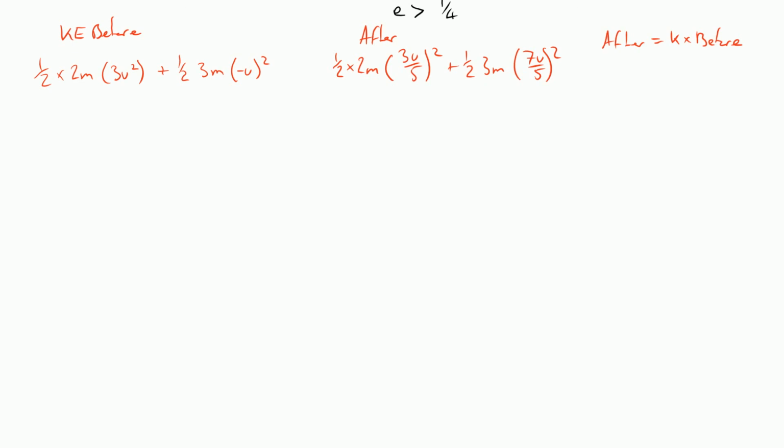What does that give us? Well, some nice cancellation here tells me that 9mu squared plus 3 over 2mu squared is going to be equal to 9 over 25 mu squared plus, what have we got in here, 49 multiplied by 3, over 50. 157?